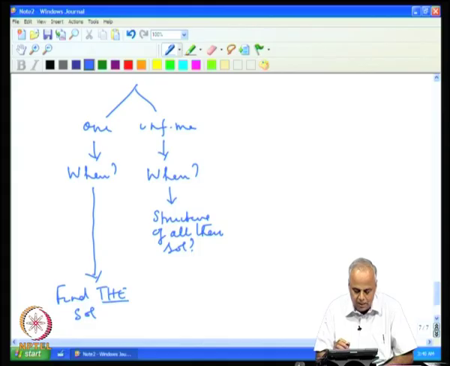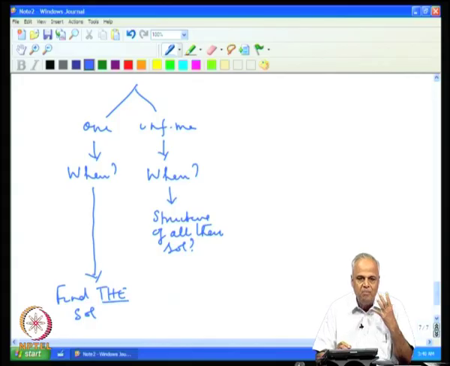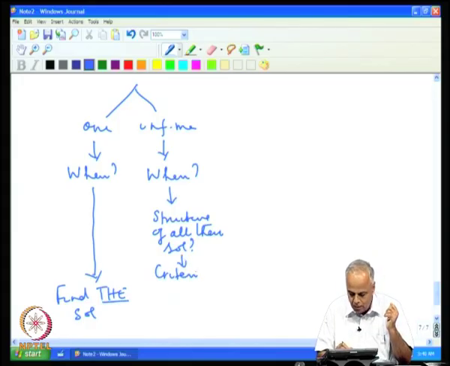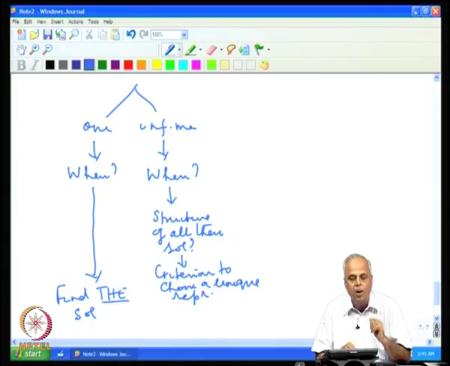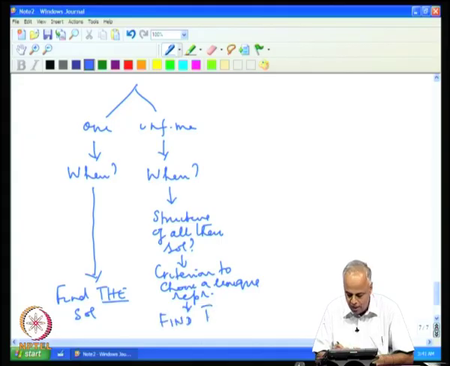Now, having got the structure, we have a problem of plenty in this problem situation where we have so many solutions. Is there some way of choosing one solution? So, criterion to choose a unique representative. Among all these solutions, we must choose a unique representative. Then finally, find the unique representative.